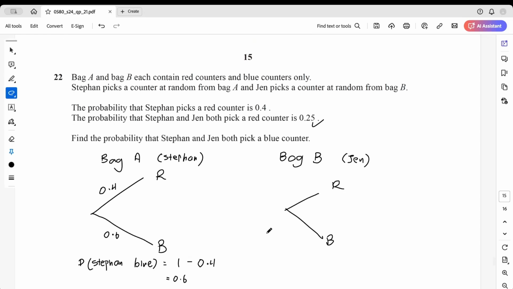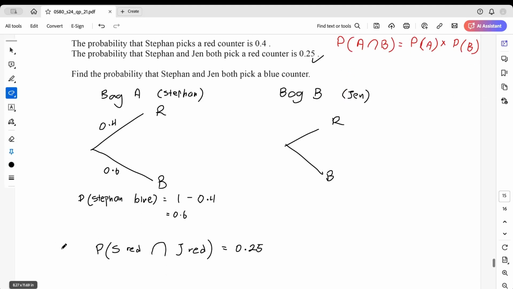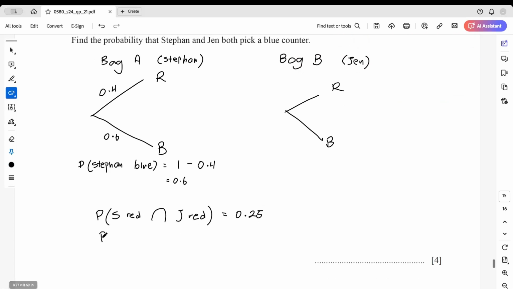Just as a quick side note, we know that the probability of A and B is the probability of A multiplied by the probability of B. So applying that idea here, the probability of Stefan picking red multiplied by the probability of Jen picking red will be 0.25.